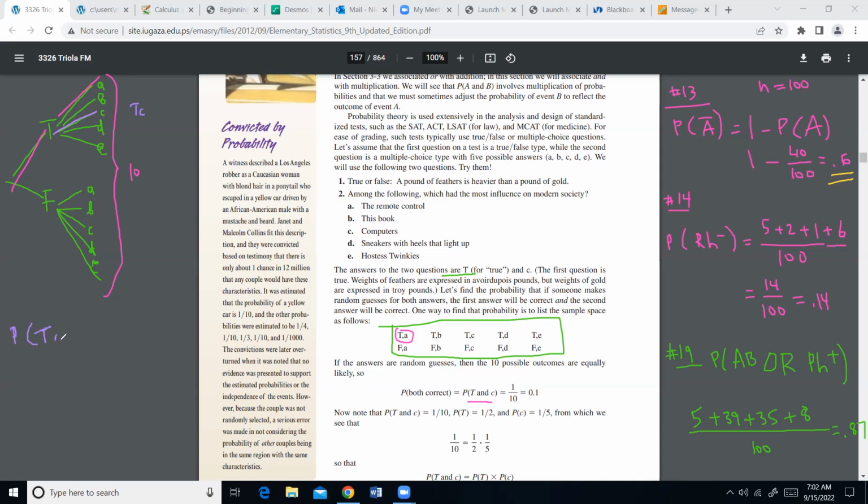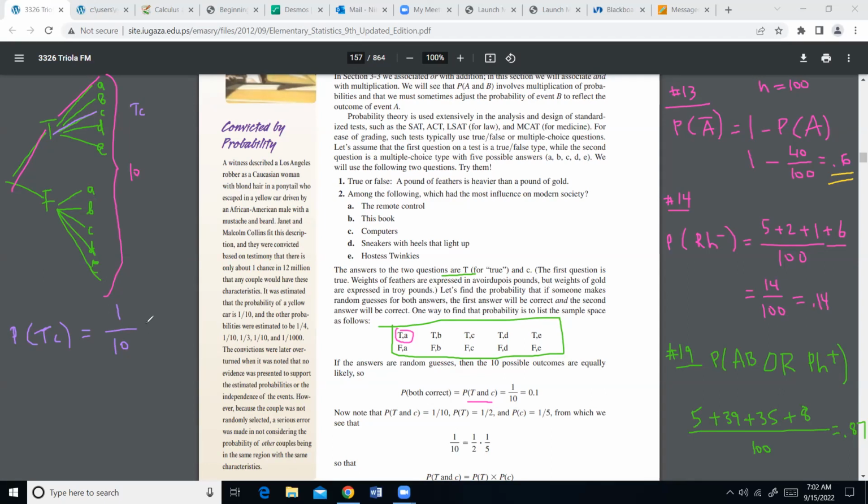So total is 10. And out of this 10, there is only one choice that I care about when both of them are correct, and that's 1 out of 10. That's how we used to do this problem.